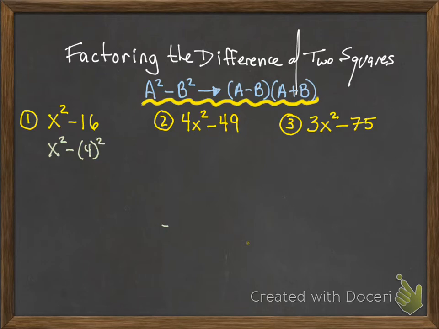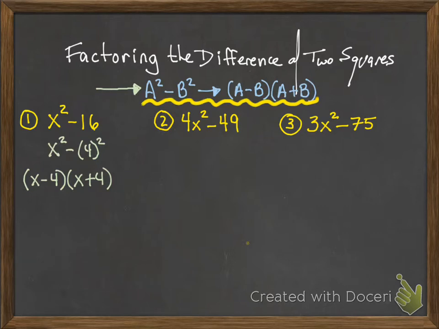Once we have 4 squared, it matches the pattern we see up above: x squared minus 4 squared, the difference of two squares. It follows the pattern, so we can break it up into x minus 4 times x plus 4. And just like that, we're done. That's how you factor those out.